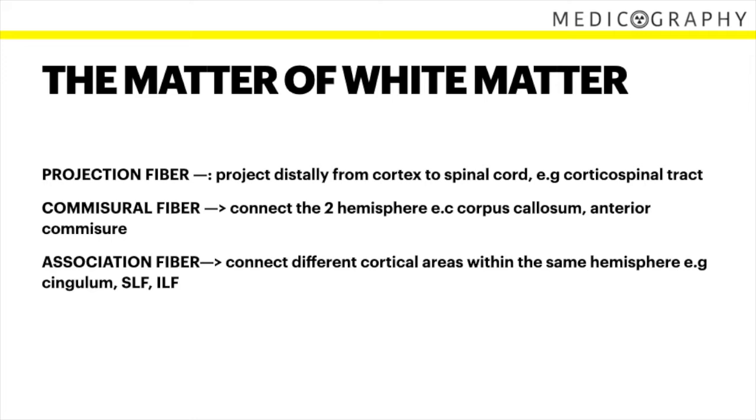We group them into projection fibers, which project distally from the cortex to the spinal cord, such as the corticospinal tract. Commissural fibers, which connect the two hemispheres, like the corpus callosum and the anterior and posterior commissure. And the last one is association fibers, which connect different cortical areas within the same hemisphere, such as the cingulum, SLF, and ILF.